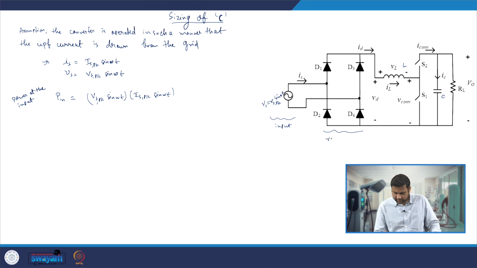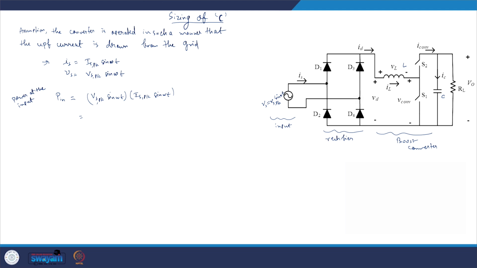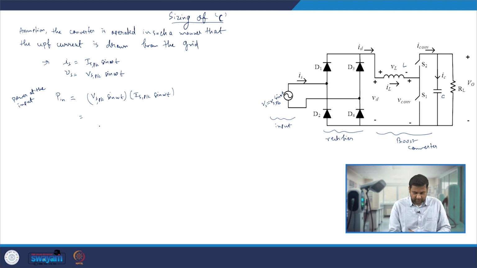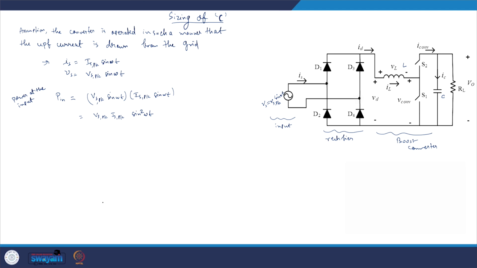This is your rectifier circuit, and this is your boost converter. So our P input, the power drawn from the input, we can write as Vs peak Is peak sin square omega t. Since we have already assumed that the converter is operated such that the unity power factor current is drawn, we can write the expression in this format.